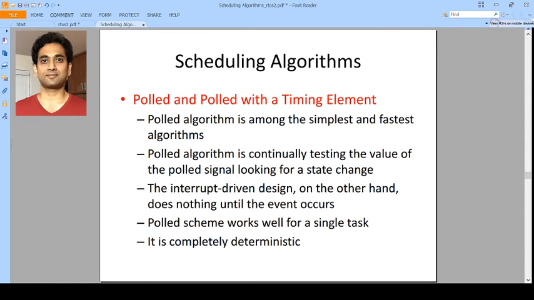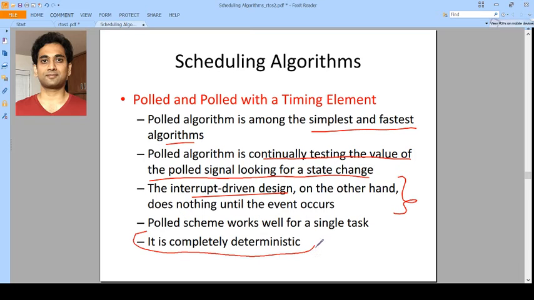Now, polled and polled with a timing event are a little different from interrupt driven. This algorithm is the simplest and fastest of algorithms. The polled algorithm is continually testing the value of a signal looking for a state change, as opposed to an interrupt driven mechanism, which does nothing until an event occurs.